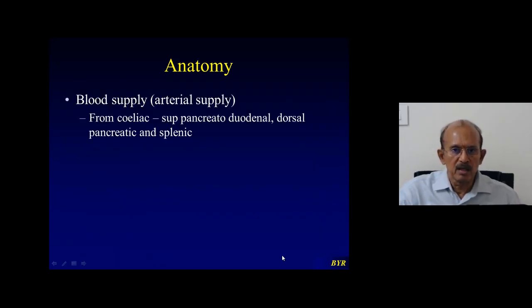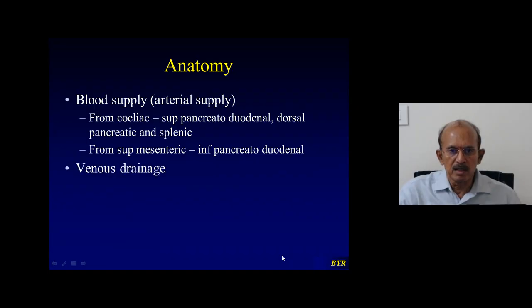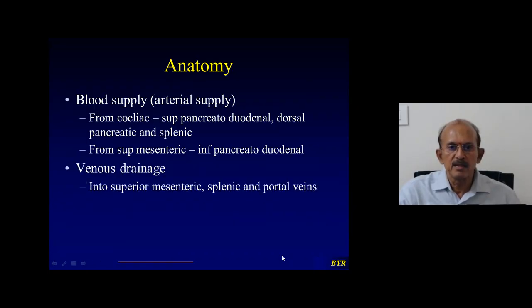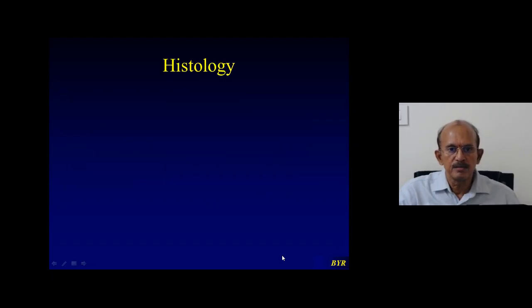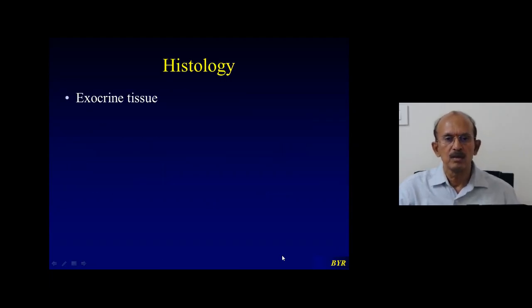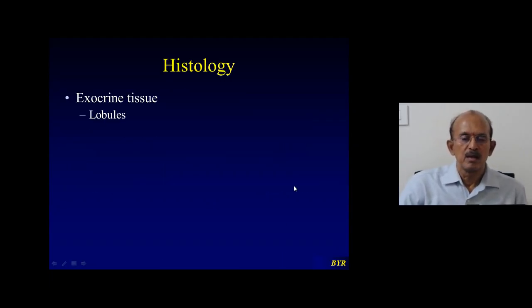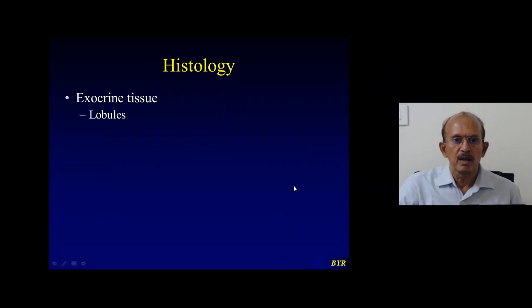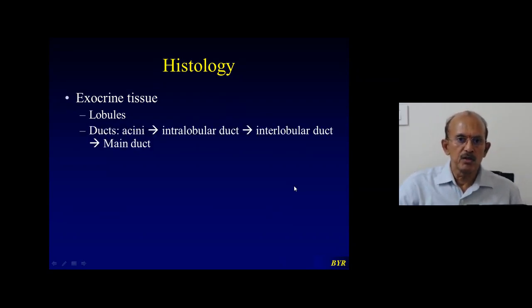Blood supply is from the celiac artery and superior mesenteric artery, and the venous drainage is into the superior mesenteric, splenic, and portal veins. Histology: it has exocrine tissue, lobules, ducts, isthmi, interlobular ducts, and main ducts.